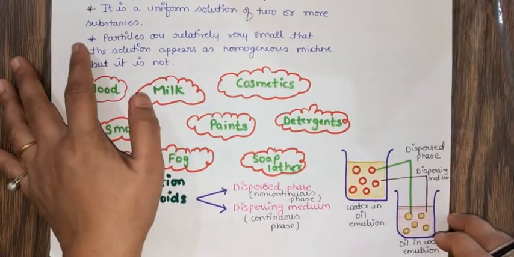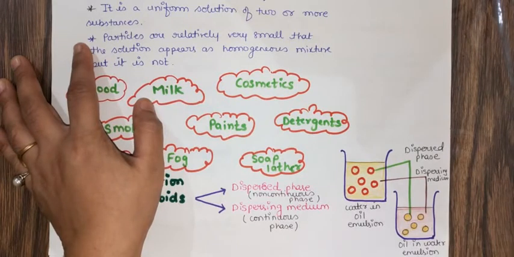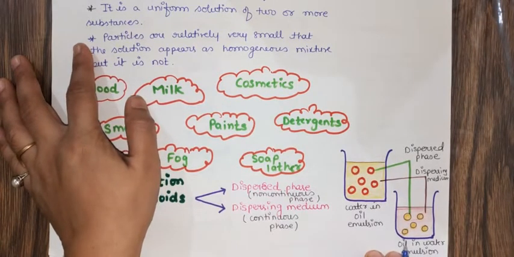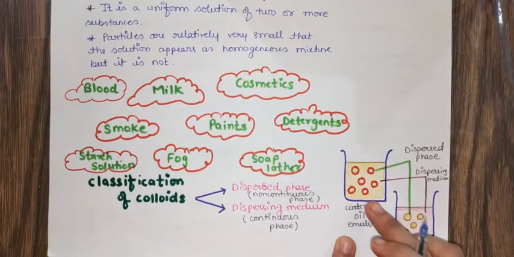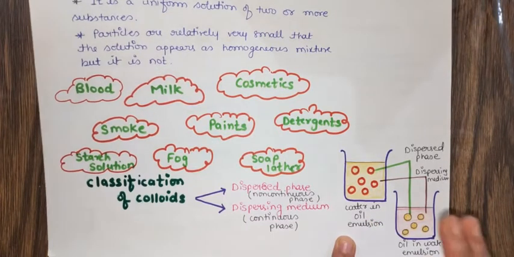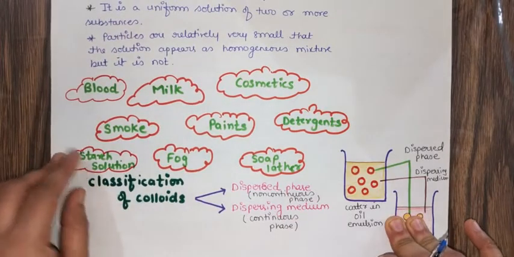If I take the example of an emulsion, an emulsion means a solution having two things in it: water and oil. Whenever such types of liquids are mixed, they are known as emulsions.